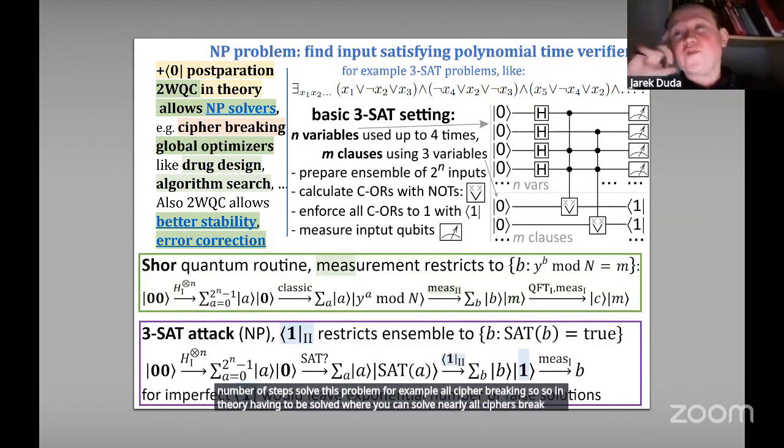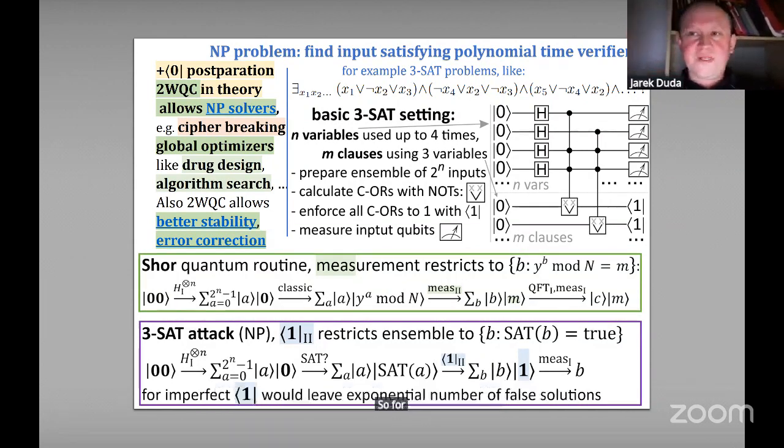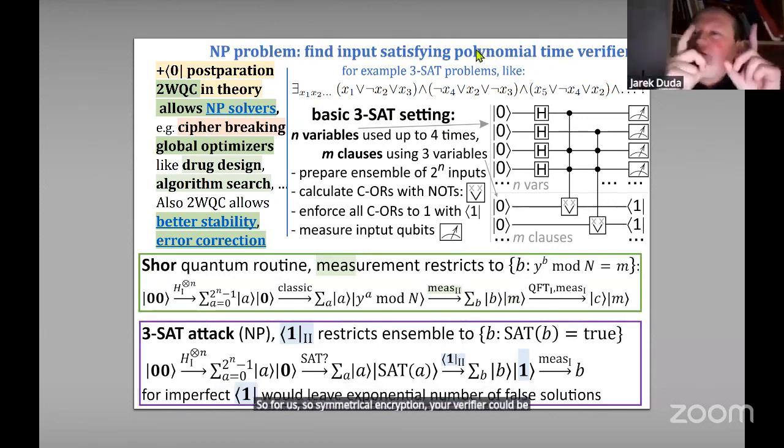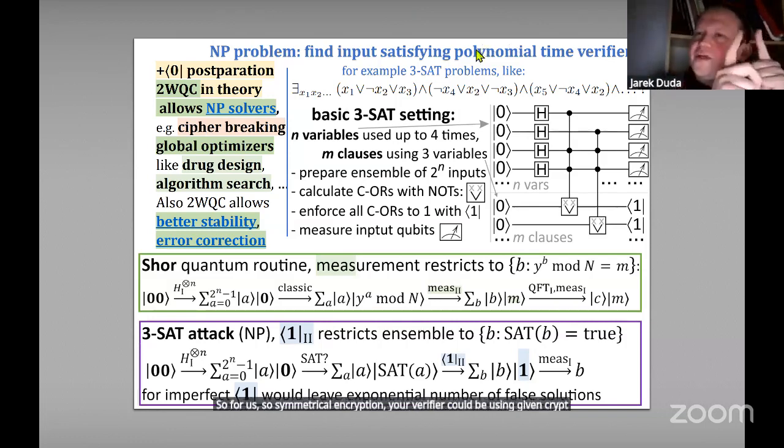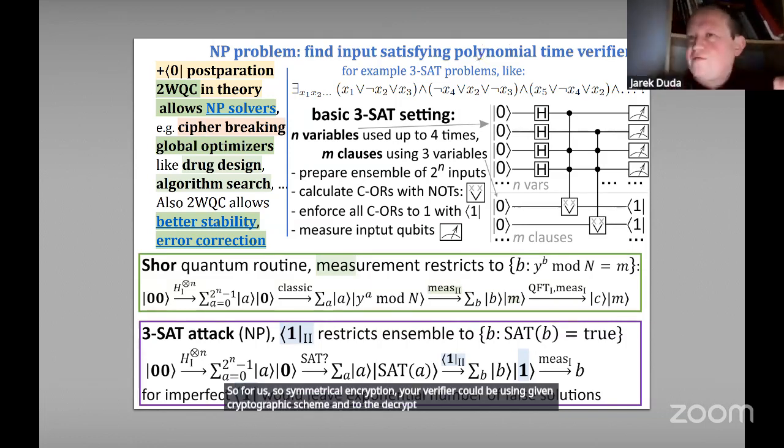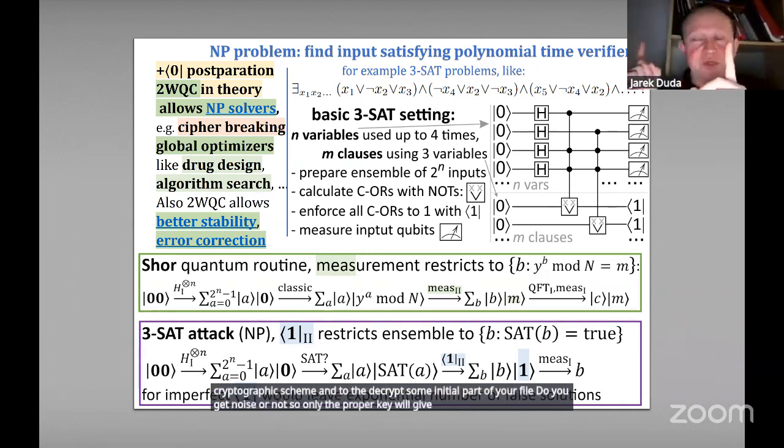So for AES, symmetric encryption, your verifier could use a given cryptographic key to decrypt some initial part of your file. Do you get noise or not? Only the proper key will give you not noise, and the remaining will give you noise.